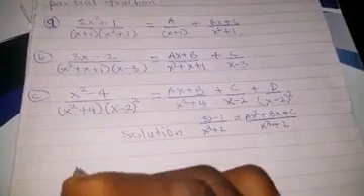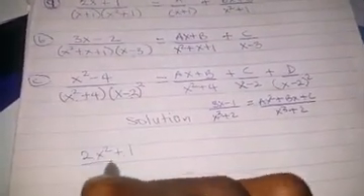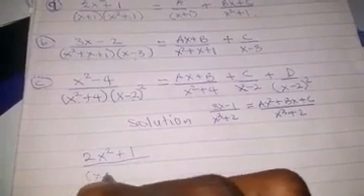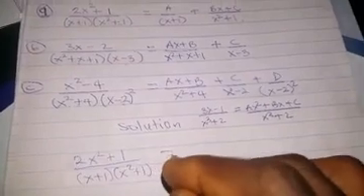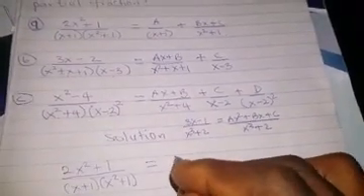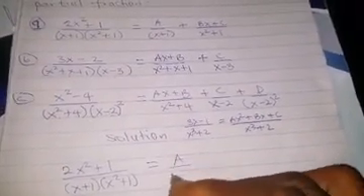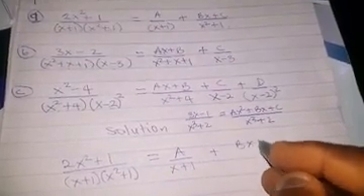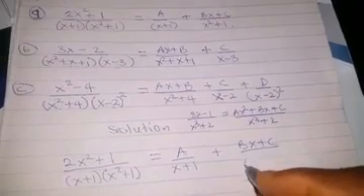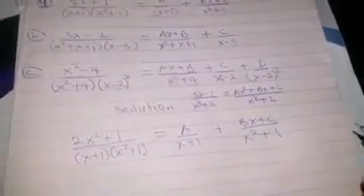Okay, now let's see the solution to the breakdown. For the first one, we have 2x squared plus 1 all over x plus 1 times x squared plus 1 to be equal to A over x plus 1 plus Bx plus C all over x squared plus 1.